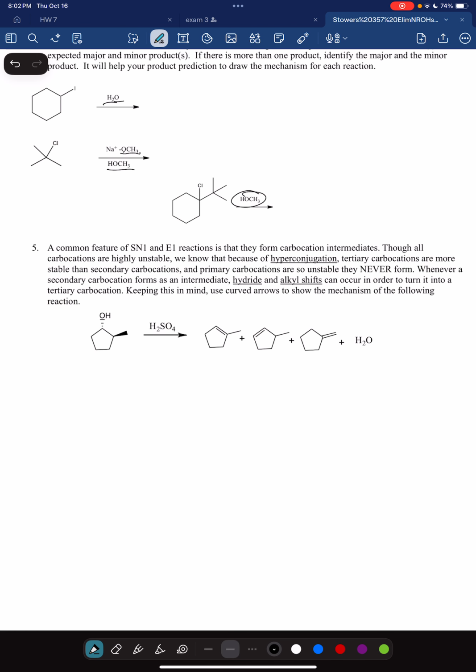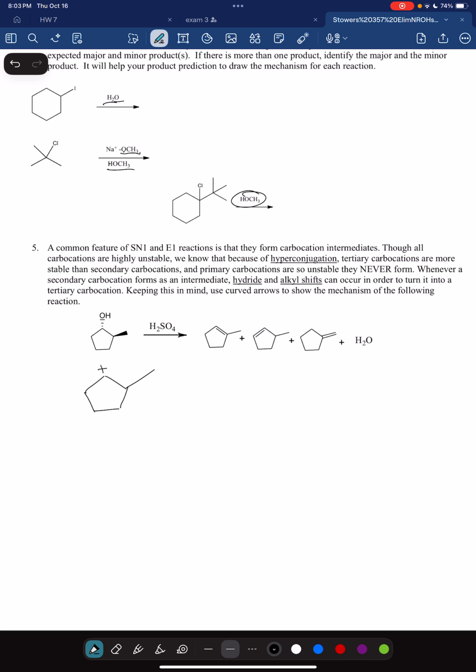All right, so with this, the first step in an E1 or SN1 reaction is the leaving group leaves. And in this one, it's the acid-catalyzed dehydration of an alcohol. You guys talked a lot about that. You should know that first part. But it's going to leave to this secondary carbocation.